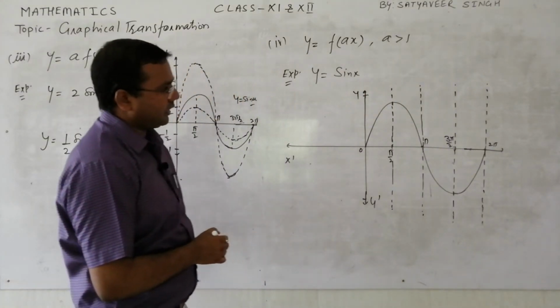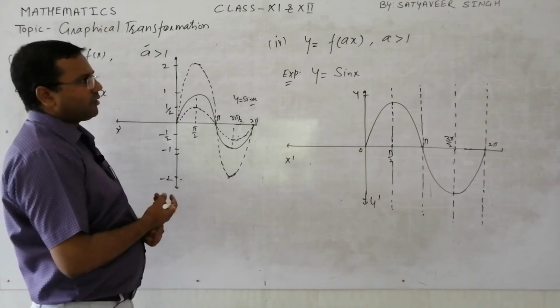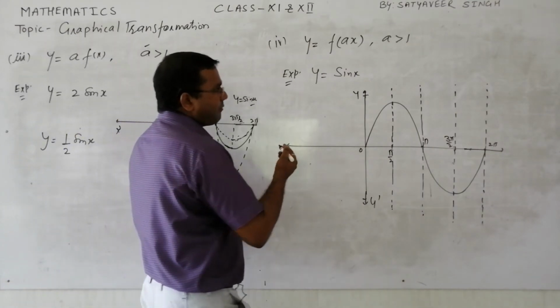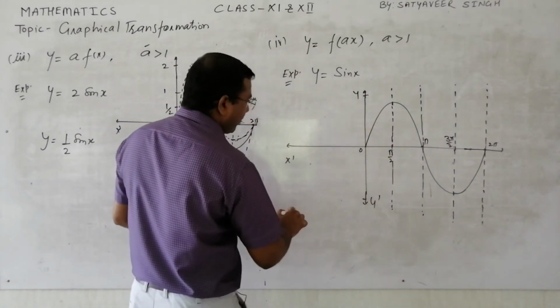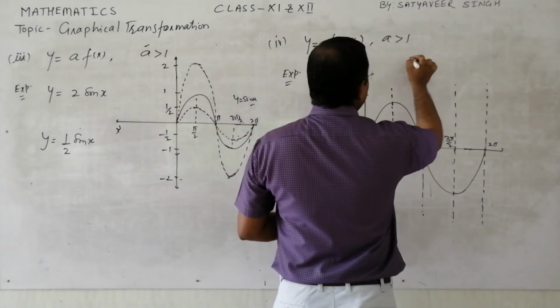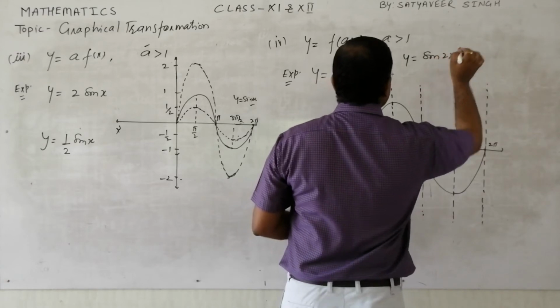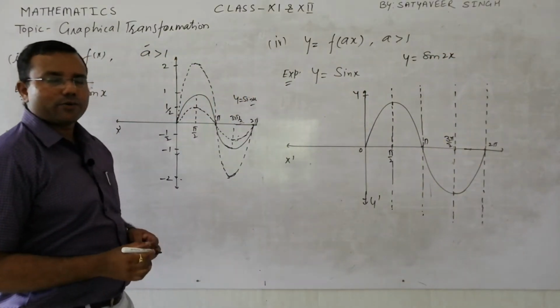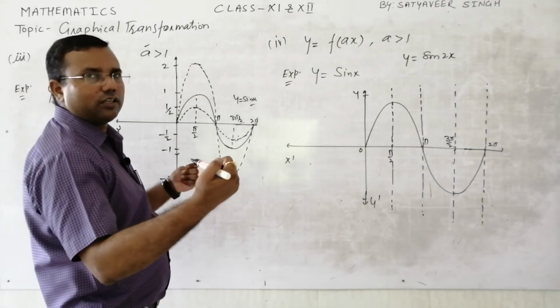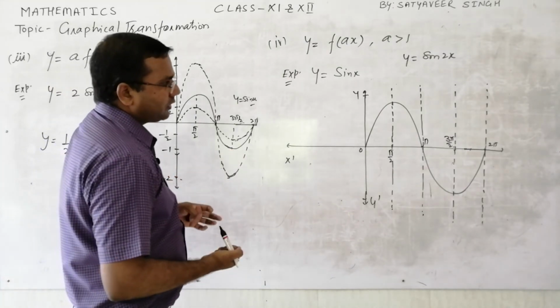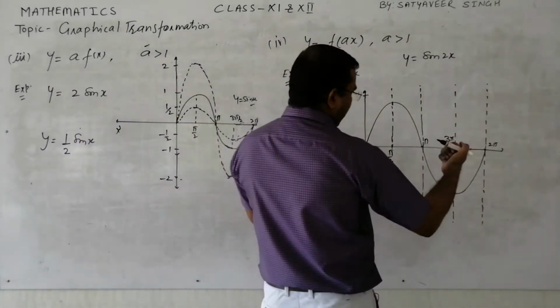See what happens now in the graph of y is equal to sin x. If I take the graph of y is equal to, suppose, sin 2x, then it will shrink the graph along the x-axis.